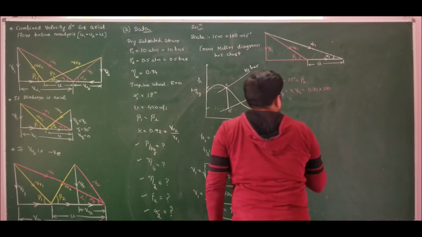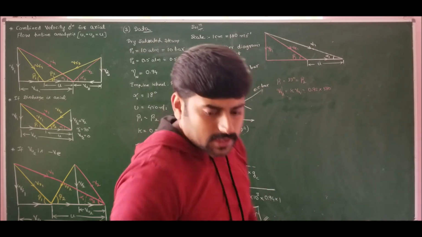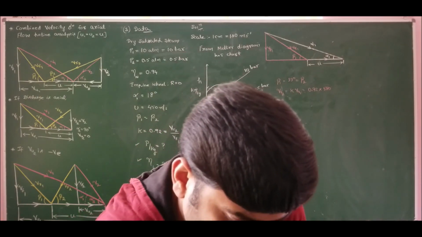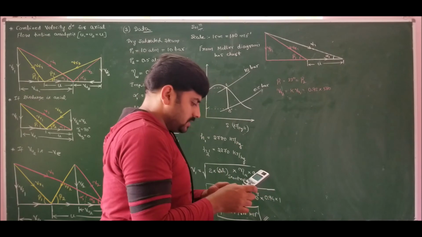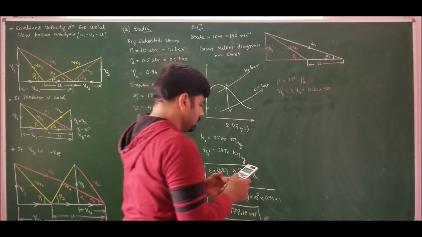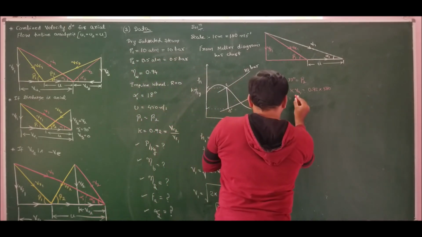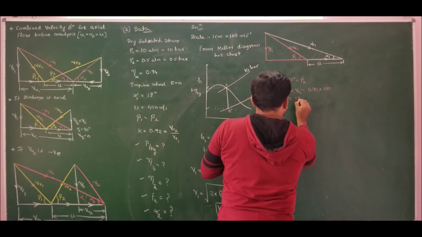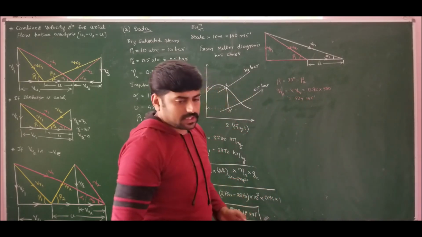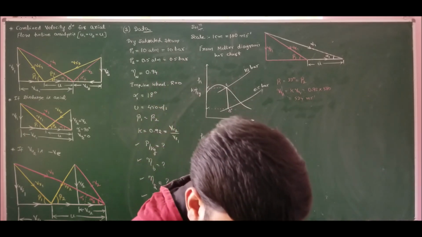So VR2 is 0.92 into 580, which turns out to be 534. Let us take it as 534 meters per second, which is 5.3 centimeters.